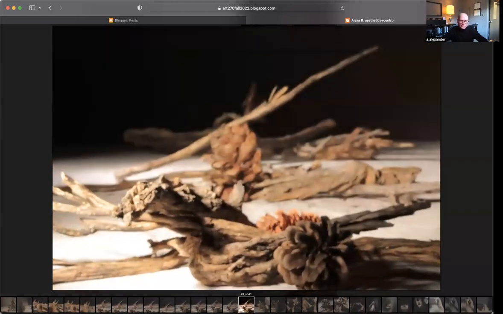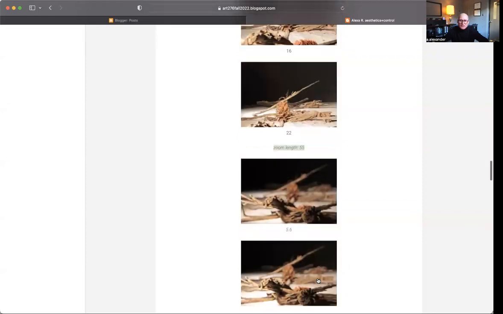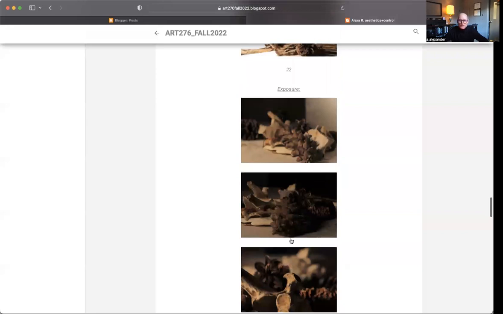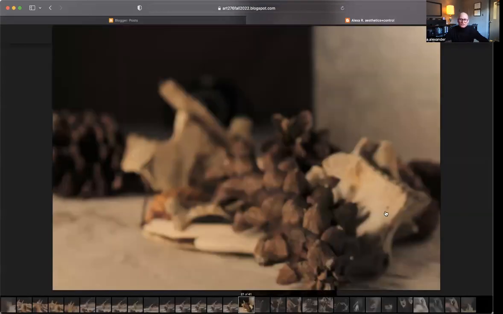All right, now let's take a look at your exposures, where we're basically experimenting and exploring all of the possibilities of moving both the aperture and the shutter in a variety of different ways. This is where we're combining, and you're really taking control over the aesthetic view of both shutter speed and aperture, using shallow depth of field versus deep depth of field, using a long shutter speed versus a short shutter speed, using short shutter speed with a deep depth of field, and so on and so forth.